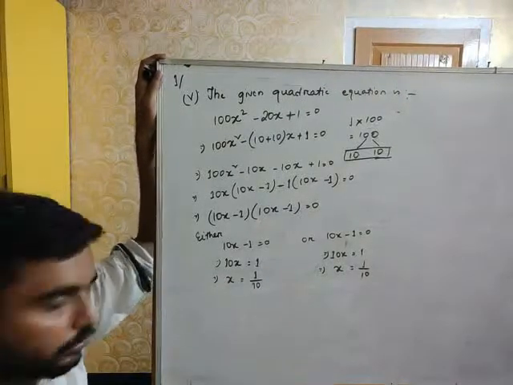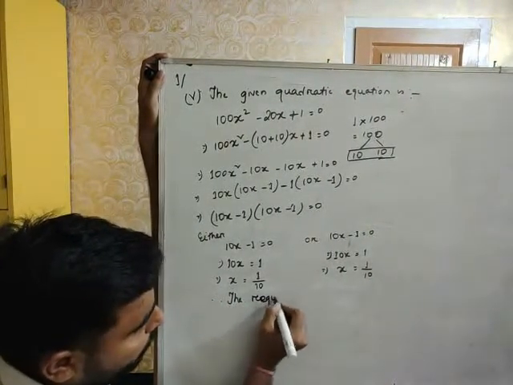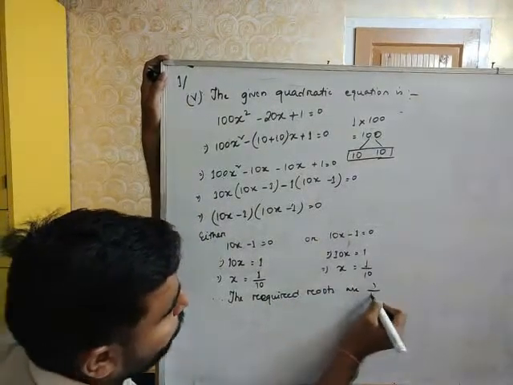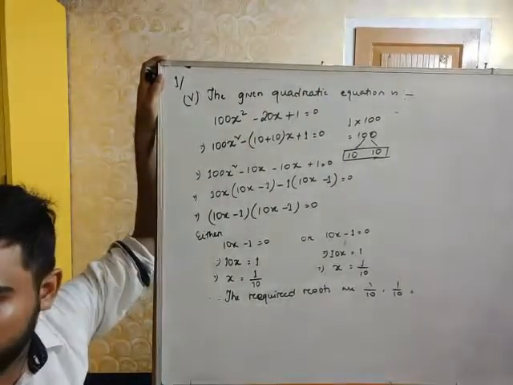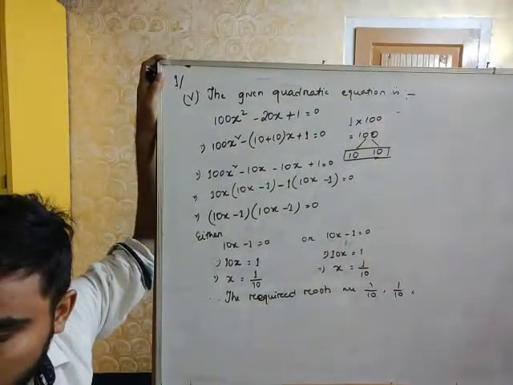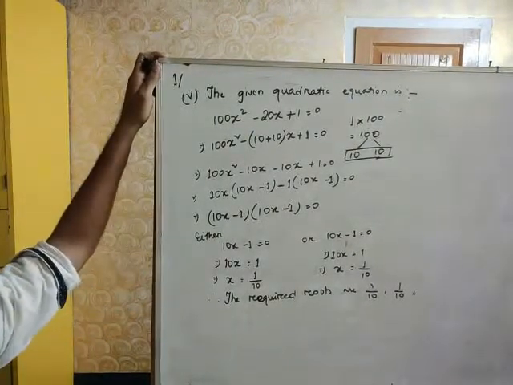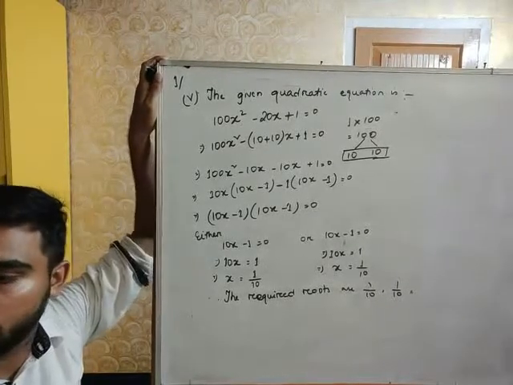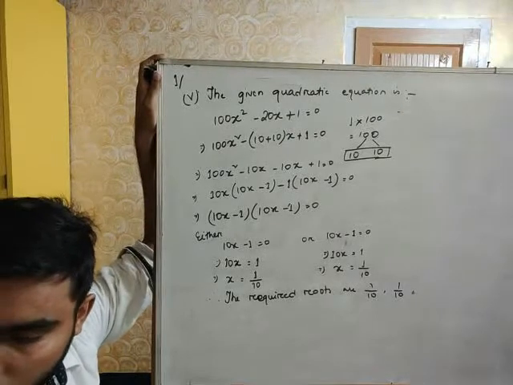Therefore at the end you will write, therefore the required roots are 1 by 10 comma 1 by 10. Any doubt? Any doubt?